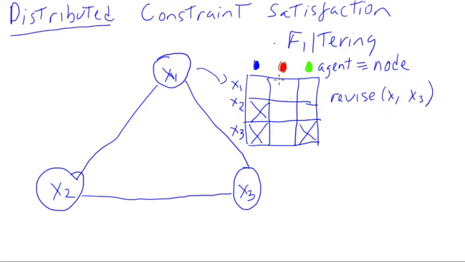That means agent x1 is first going to set himself to blue, temporarily. It's like, okay, if I was blue, can x3 find a color? Yes, because x3 could be red. If I am blue and x3 is red, that works out okay. So that's awesome. If I were red, is there a color for x3?